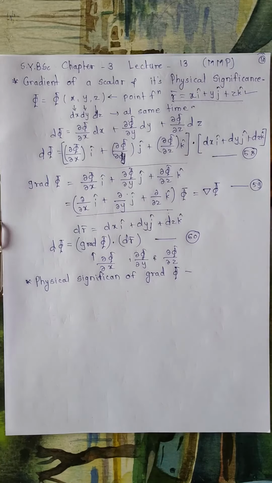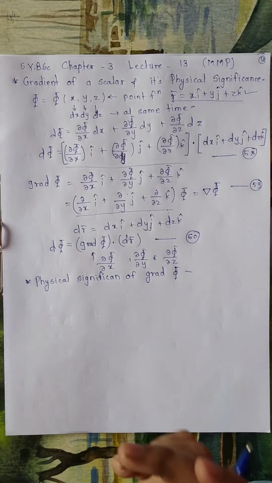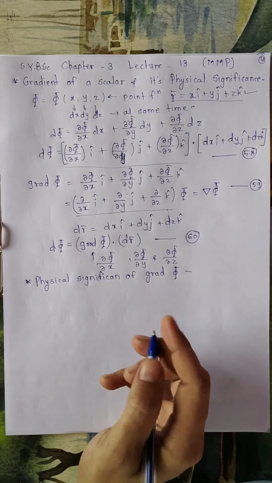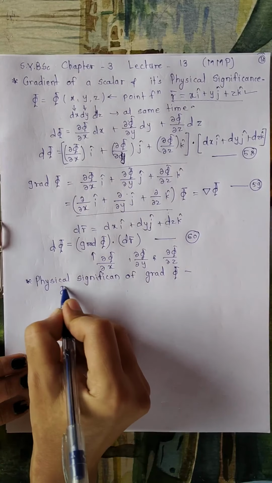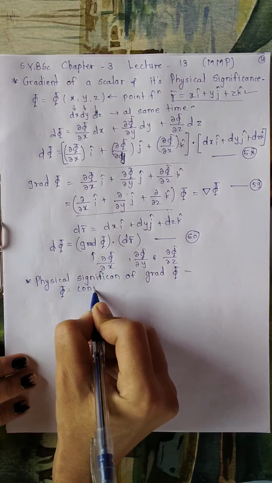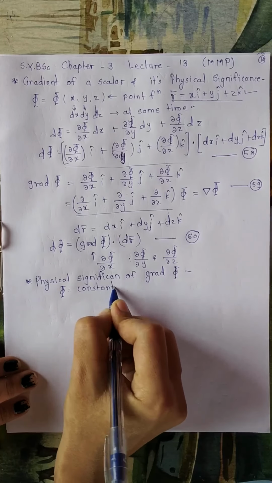In the case of our scalar field phi, which is a locus of points where phi has a definite constant value, this gives a level surface, that means our scalar function phi is a constant function.